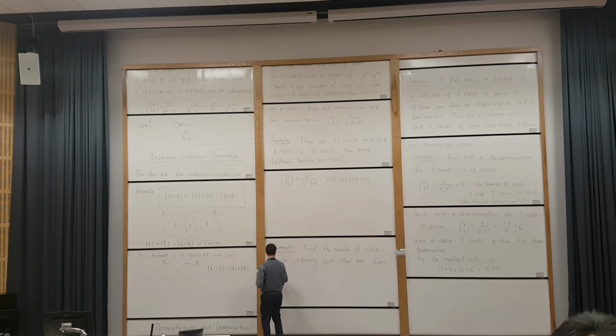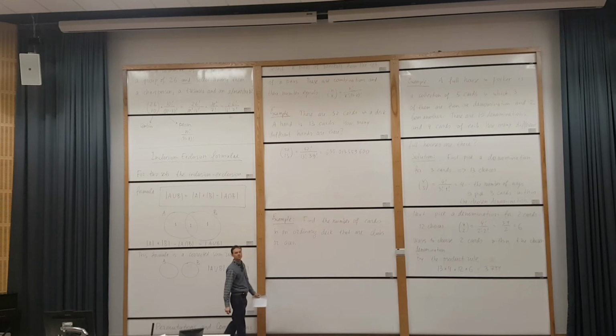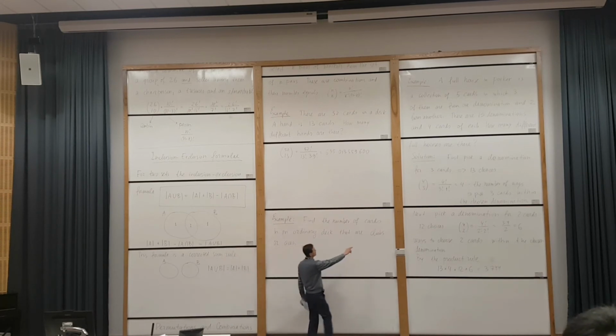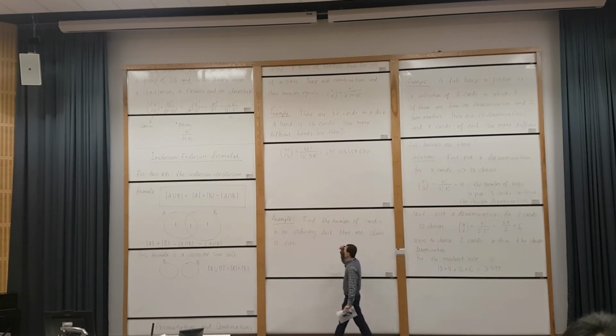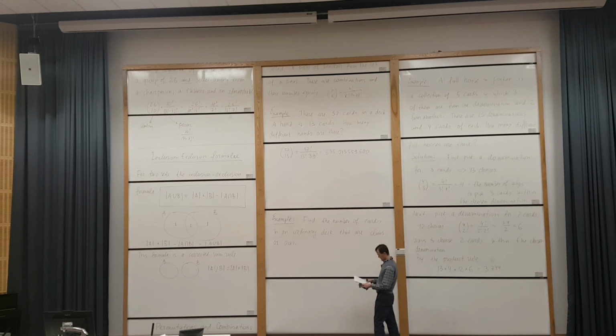Clubs or aces. So there are four suits, right? Clubs is one particular suit, and aces is one particular denomination, right? There are four cards of each denomination.